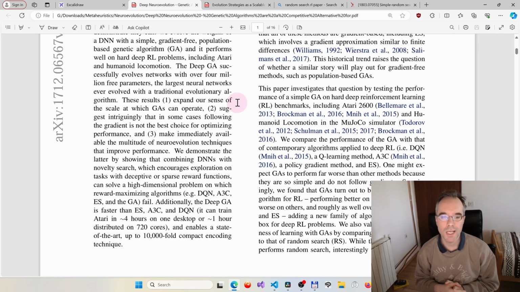Additionally, the deep GA is faster than evolutionary strategy, A3C, which is an actor-critic algorithm, and deep Q network. You can train Atari in 4 hours on one desktop or 1 hour distributed on 720 cores, and it enables state-of-the-art results with up to a 10,000-fold compact encoding technique.